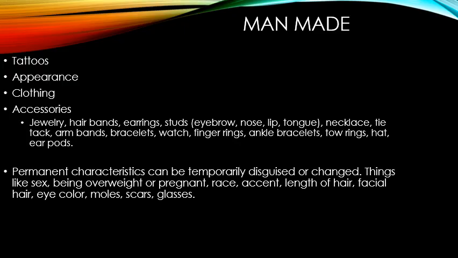Clothing, types of clothing they're wearing, the accessories they wear, jewelry, hair bands, earrings, studs, eyebrow, nose, tongue, necklaces, ties, tie tack if they wear a tie, armbands, bracelets, watches, finger rings, ankle bracelets, toe rings, a hat or ear pods or hearing aids, etc. Permanent characteristics can be temporarily disguised or changed. Things like sex, being overweight or pregnant, race, accent, length of hair, facial hair, eye color, moles, scars, glasses. These can all be faked or covered up.